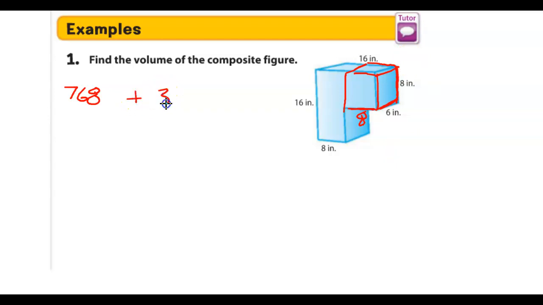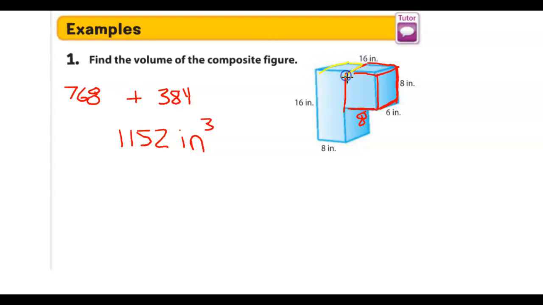384 inches cubed. So let's go ahead and add those together. So we're going to get 1,152 cubic inches. I think it's just going to be quicker if we just say inches cubed. Okay, so what you guys want to do is remember that you're looking at this as two different pieces.